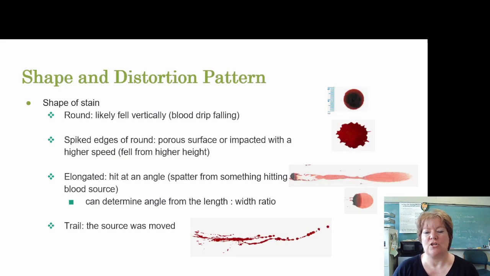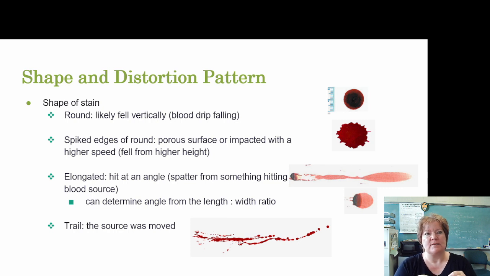When we look at the shape, generally, most drops are going to be round. That's what drops do. So if it is completely round, like a circle, that means that it generally fell vertically. There was no sideways component to its motion.